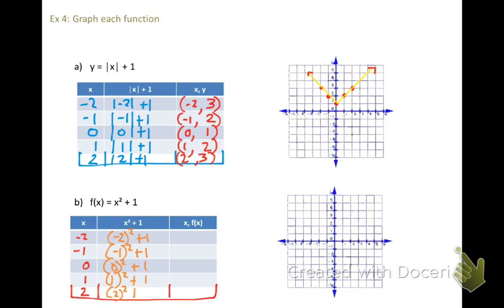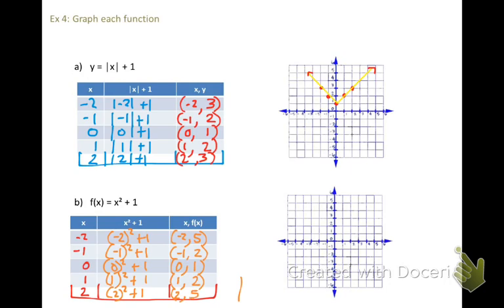And so -2 squared is 4, plus 1 is 5, so this one's going to be -2, 5. -1 squared is 1, plus 1 is 2. 0 squared is 0 plus 1, so it's 0, 1. 1 squared is 1 plus 1 is 2. And 2 squared is 4 plus 1 is 5.